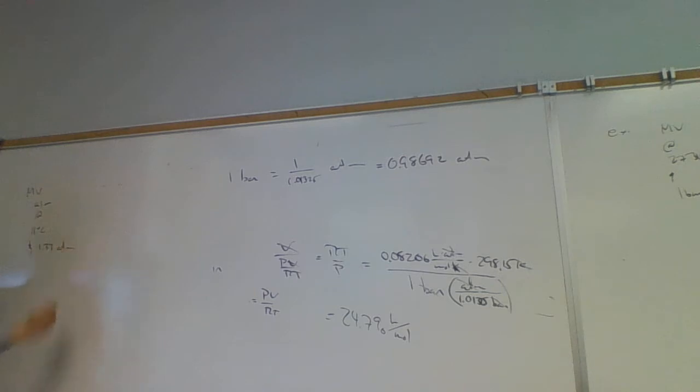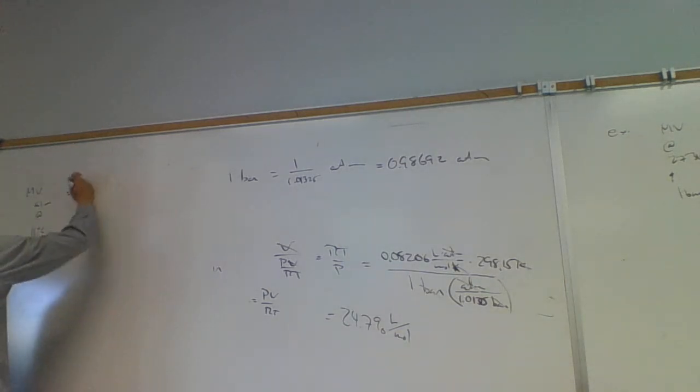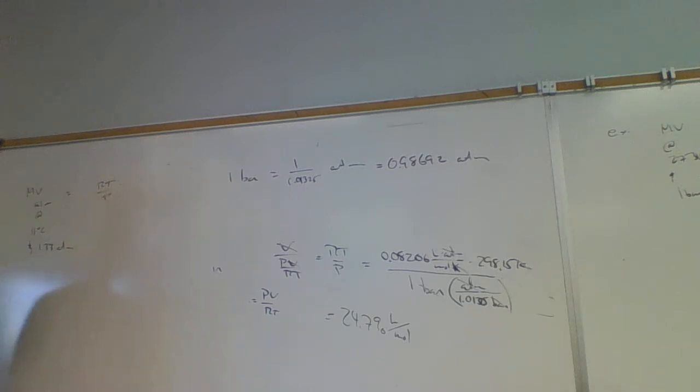Hey, air, is that pure or a mixture? It's a mixture. Well, it doesn't matter. Let's see. Molar volume of air is equal to PV over R. Or no, sorry, that's wrong. Molar volume of air is equal to RT over P.